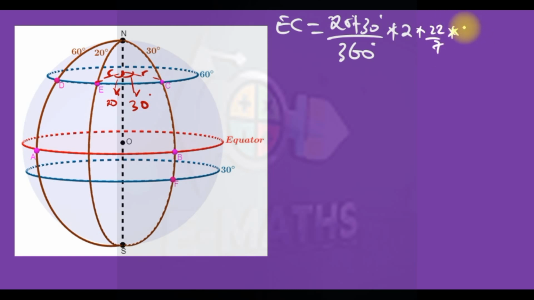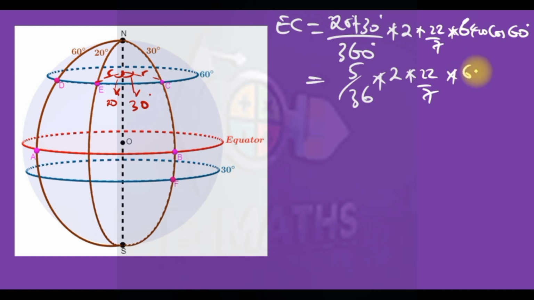We know that small r is big R, which is 6,400, times cos phi, where phi is 60 degrees.